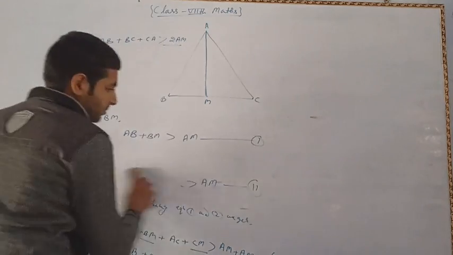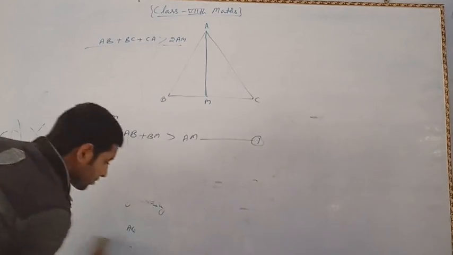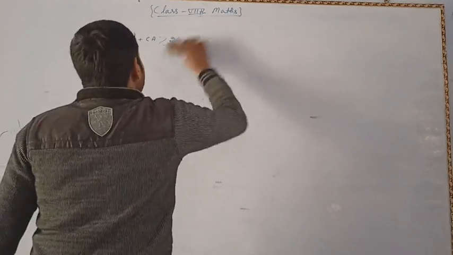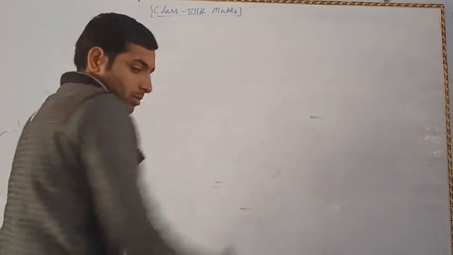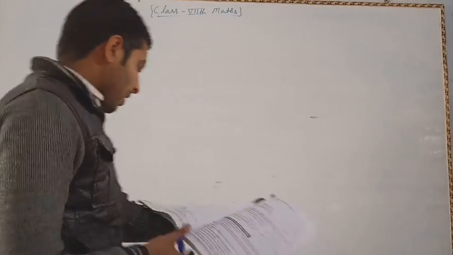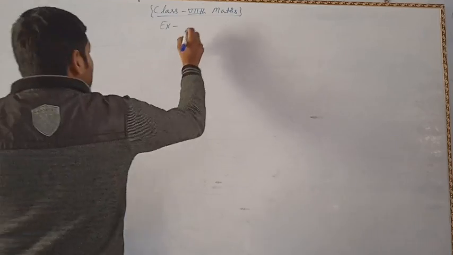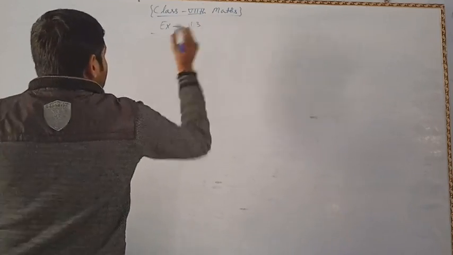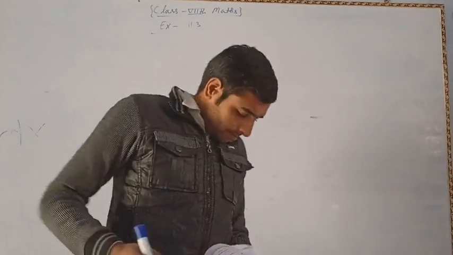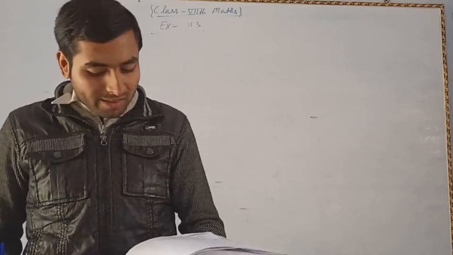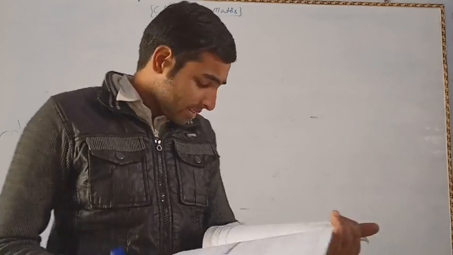Again, coming back to our exercise 11.3. Here you have the problem first. Can triangles be constructed with the following measurements of sides? Justify your answer.